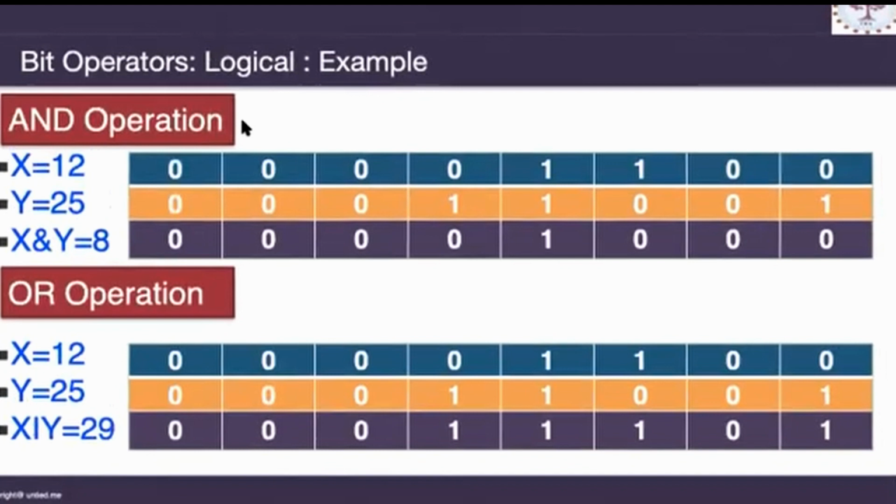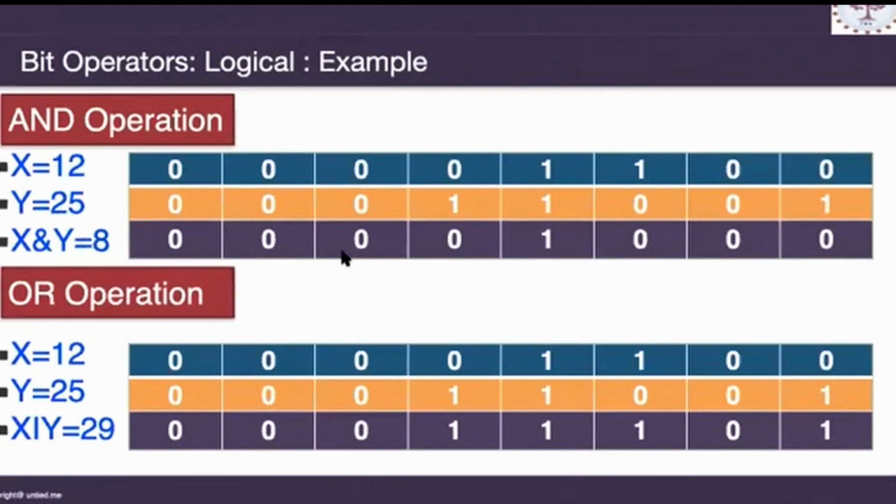Then you have these logical operators. In the AND operation, suppose you have 2 variables, x equals 12 and y equals 25, and you want to do the AND operation. Then x AND y equals 8. 12 is represented like this, the blue one, and 25 is represented like this, the orange one. If you do this operation, bitwise you will get the value 8.